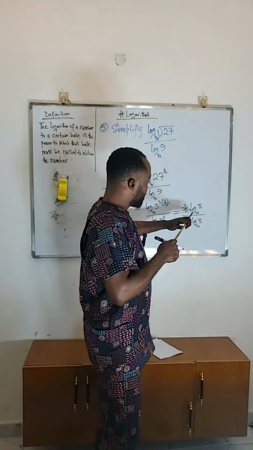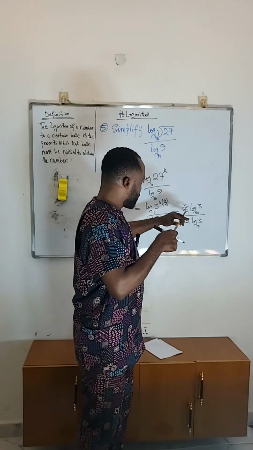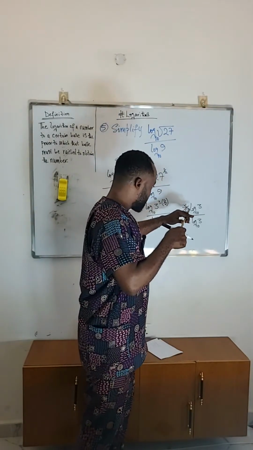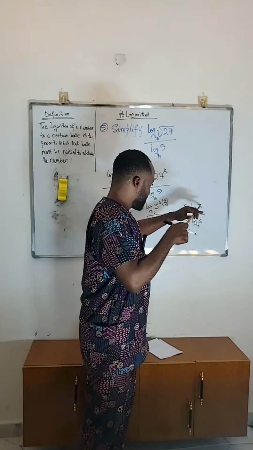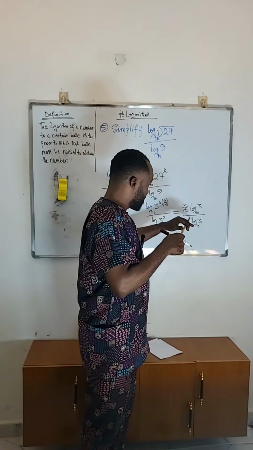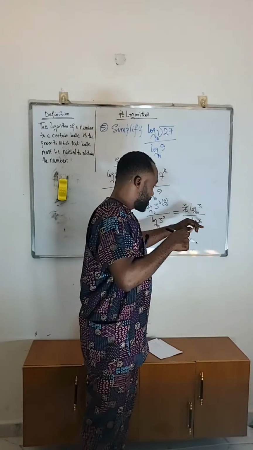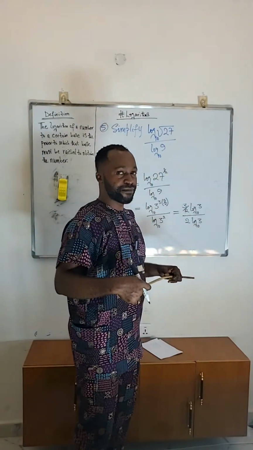You can see this is now 3 over 2 times log 3 in base 10, and this one now means 2 times log 3 in base 10.